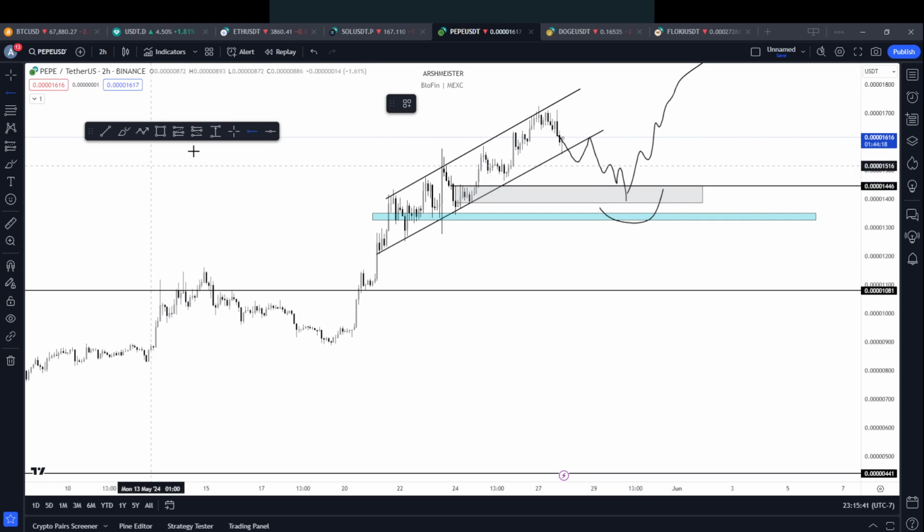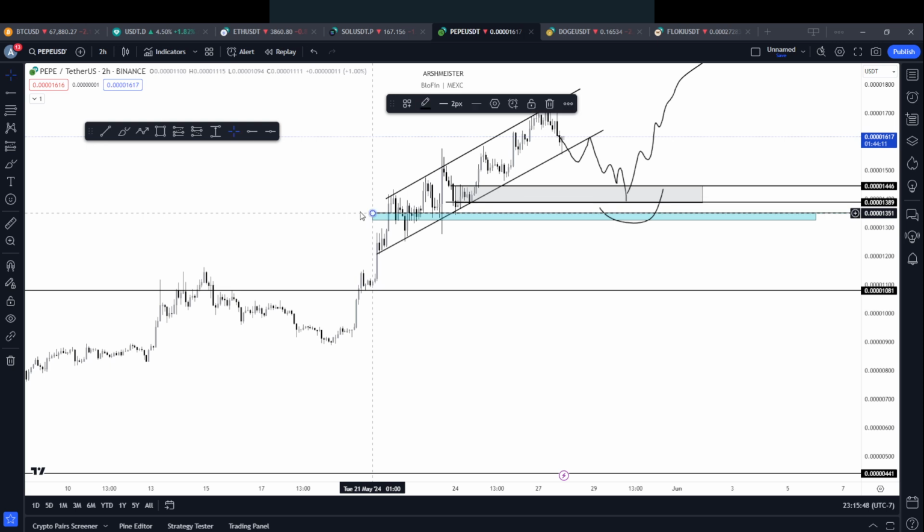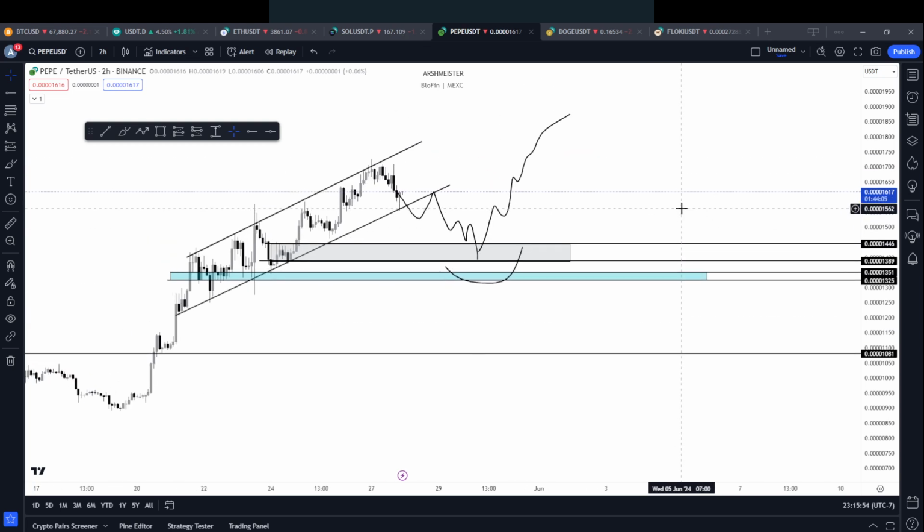So 14446 down to 1389, and then your final DCAs would come in this demand zone here. However you want to spread them out, your entries should always be the lightest and then you DCA heavier. So I personally would go, if I was taking this play, 15%, 20%, 20%, and then the final DCA would be the remainder of my bids.